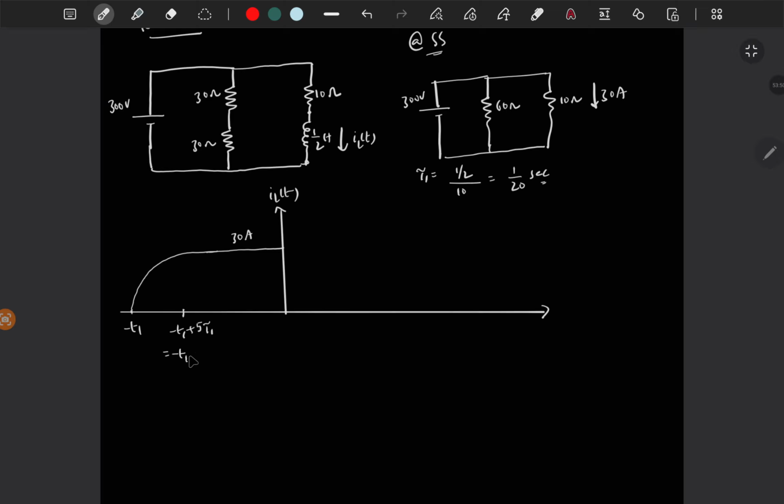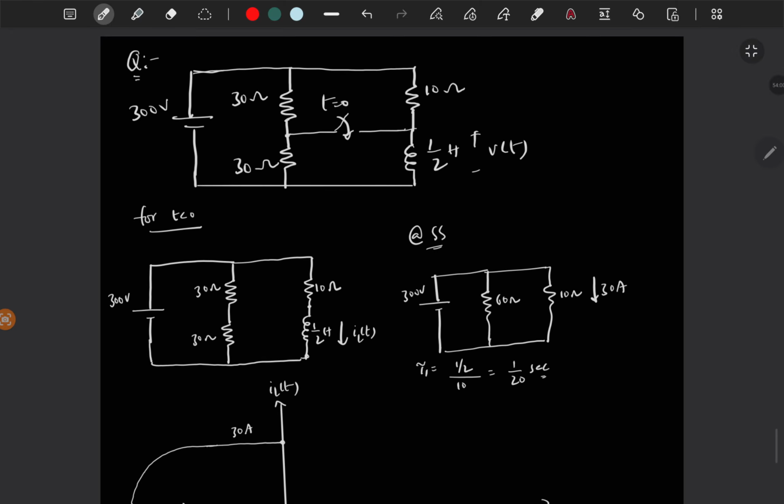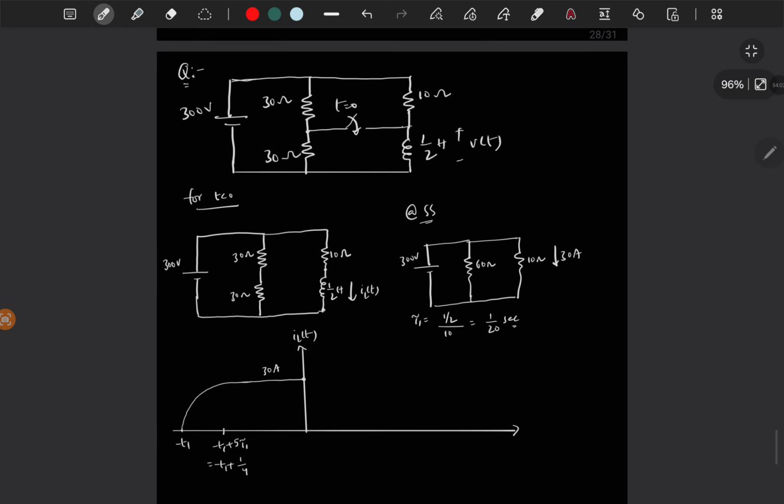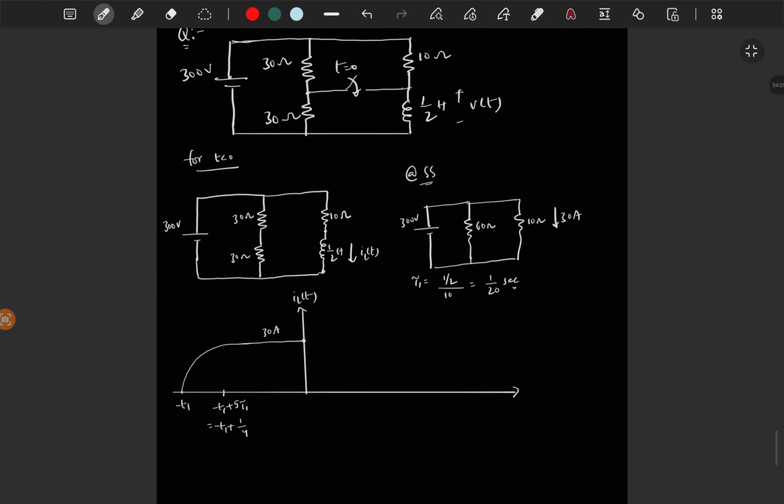So this is minus t1 plus 1 by 4, since tau 1 is 1 by 20, and at t is equal to 0, it is short circuited, that path.